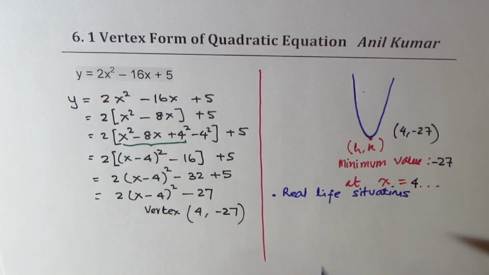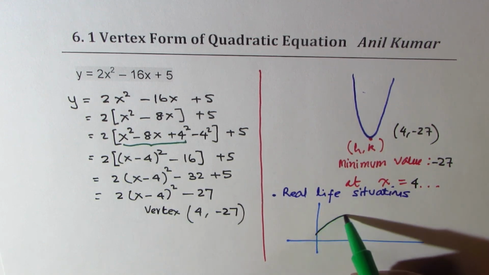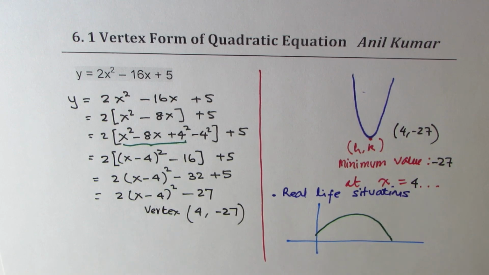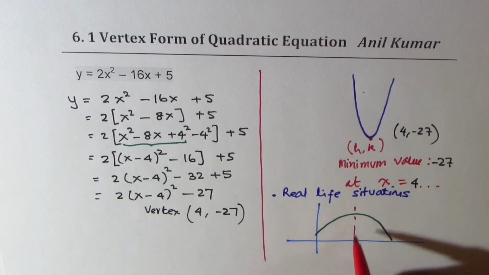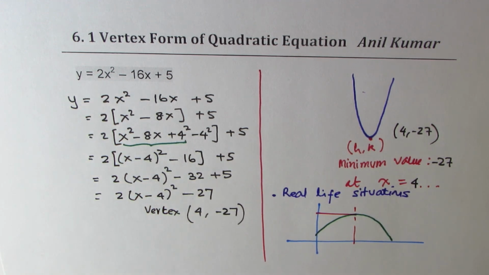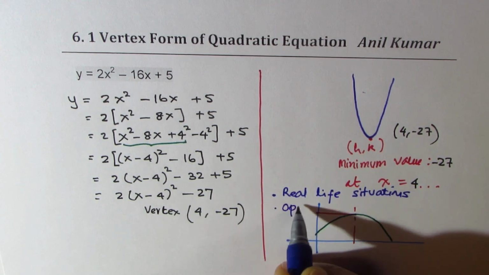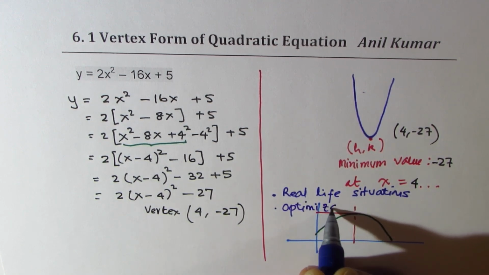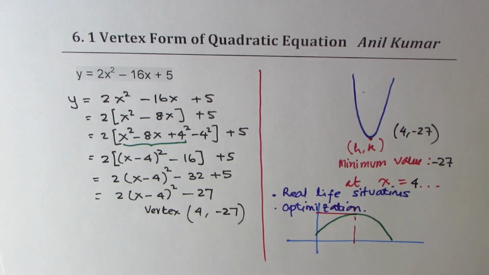So whenever you have something like projectile motion or you kick a ball or something like this, in that case, we can always find this maximum value using that concept. Perfect. Also, we have this in optimization. So when to use the minimum material and get maximum profit. Those are other very good examples where we are going to use the vertex form of a quadratic equation and solve many situations.